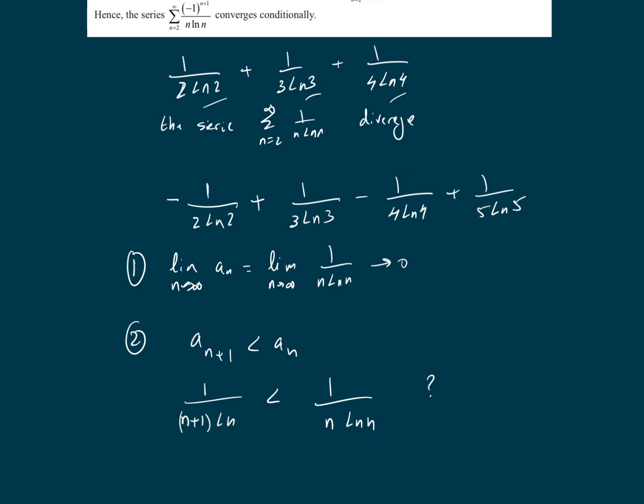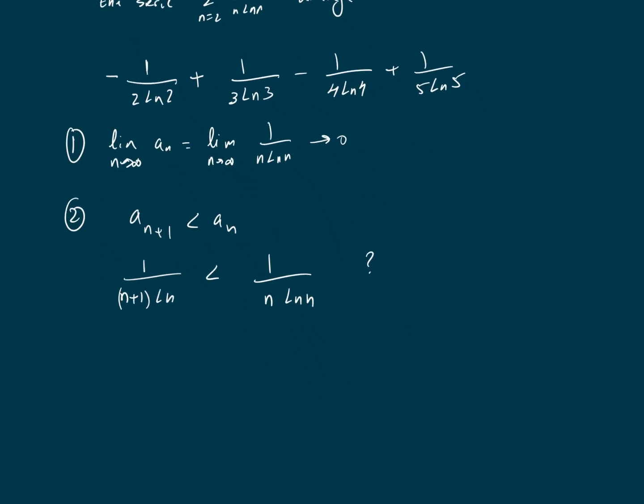How will we solve this? If we cross multiply, we have n natural log of n has to be smaller than (n plus 1) natural log of (n plus 1). Is the right side greater than this?